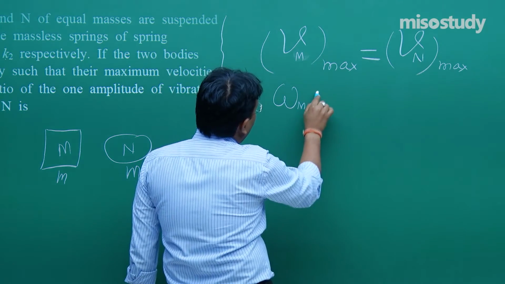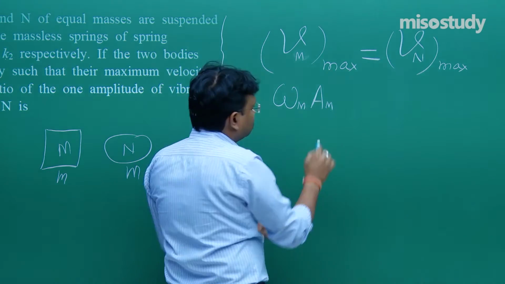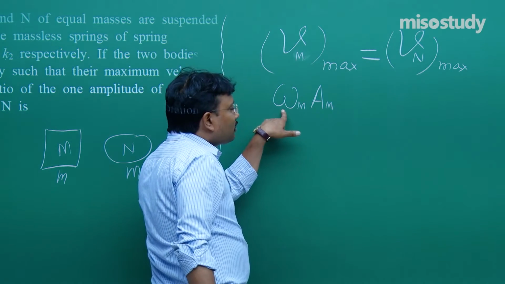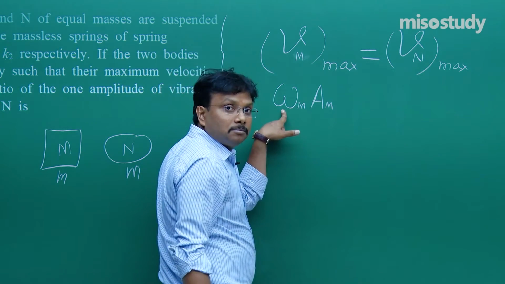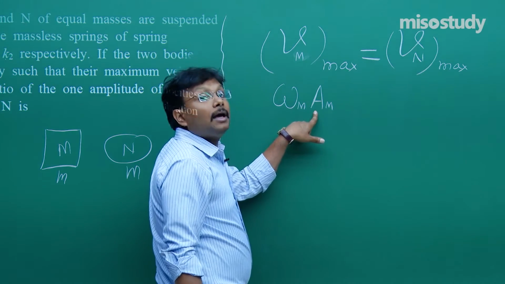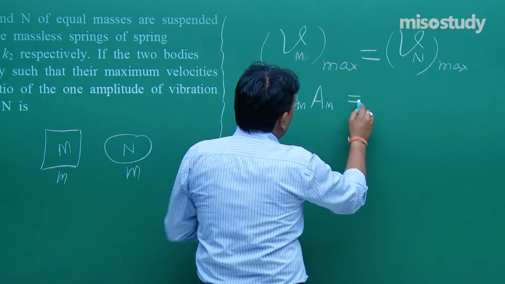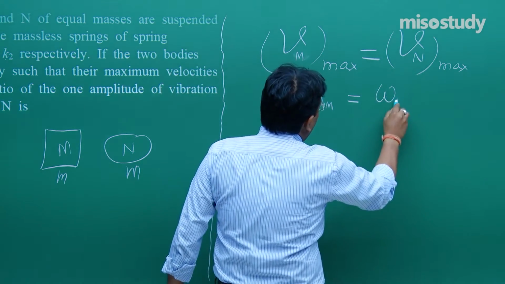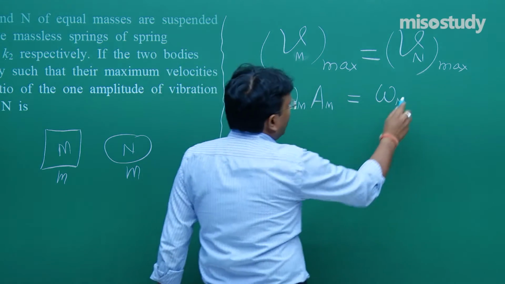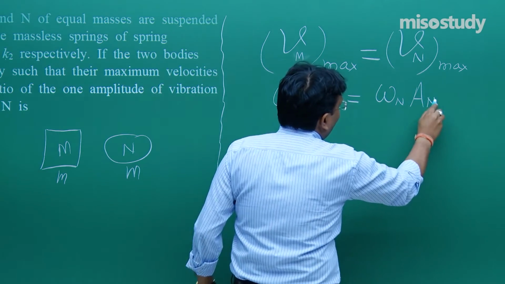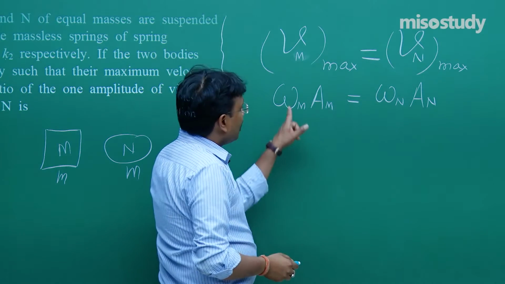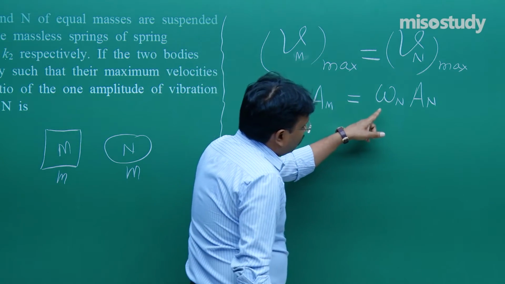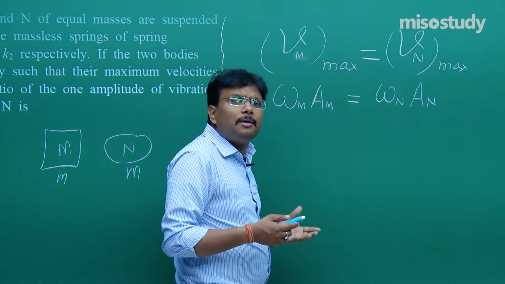Omega_M A_M, the angular velocity of body M times the amplitude of body M, is equal to the angular velocity of body N times the amplitude of body N. So omega_M A_M is equal to omega_N A_N. Now, what is the meaning of omega?